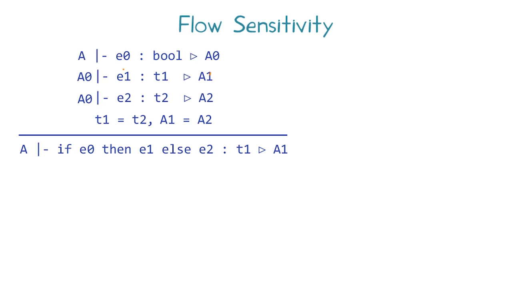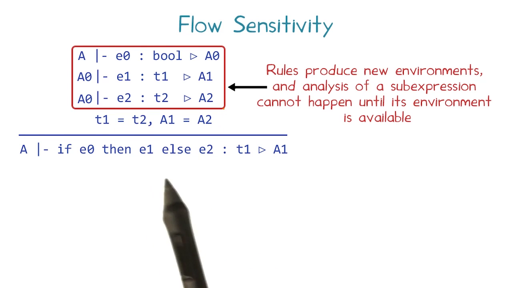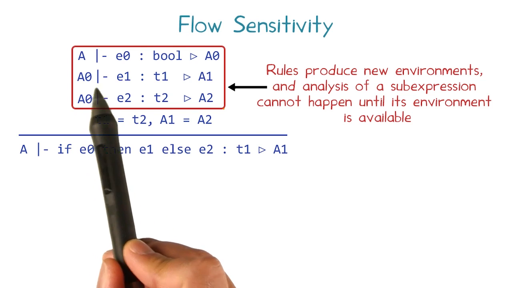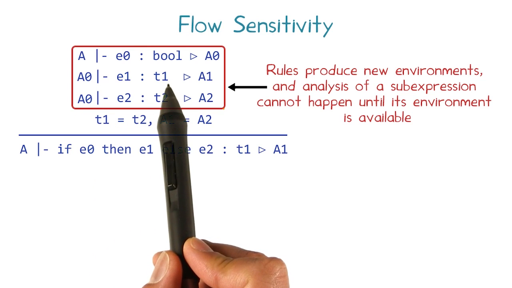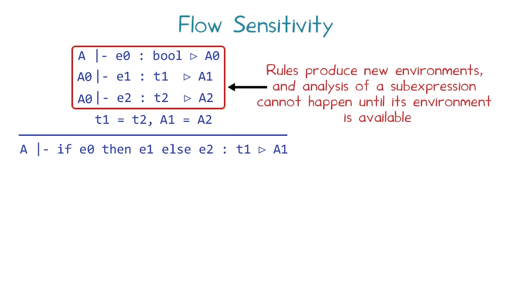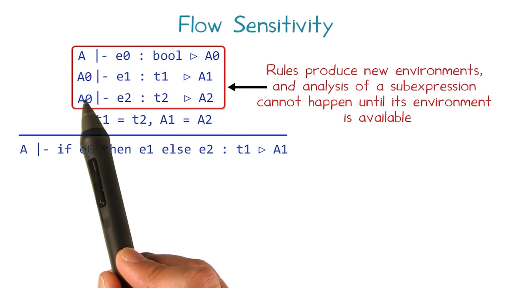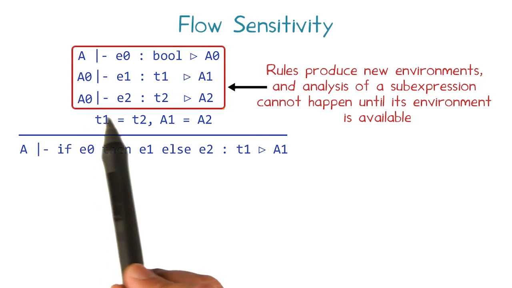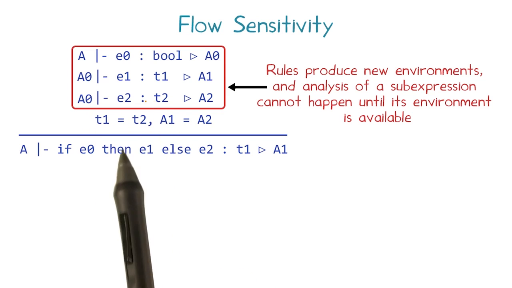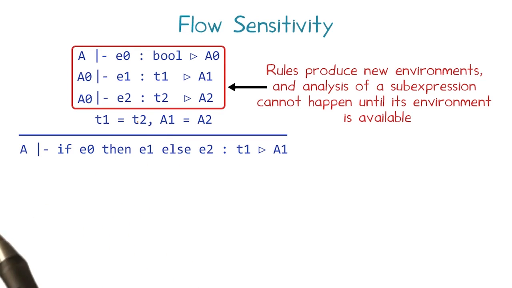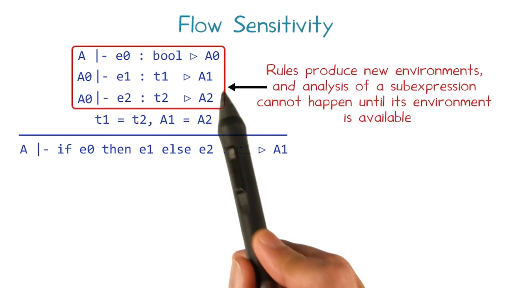In the if-then-else schema example, we would start by proving that under environment A, E0 is a boolean and then output a new environment A0. This environment then flows into the analysis of both the statement that E1 is of type T1 and that E2 is of type T2, each of which produce their own output environments A1 and A2.